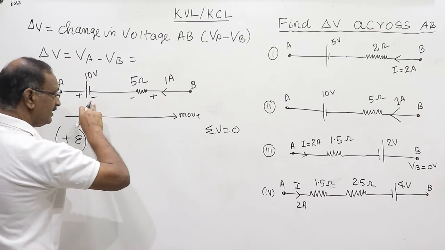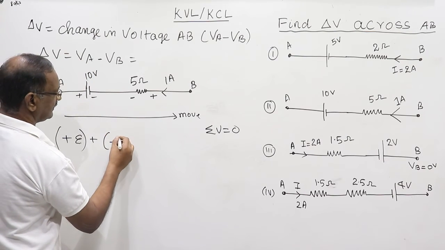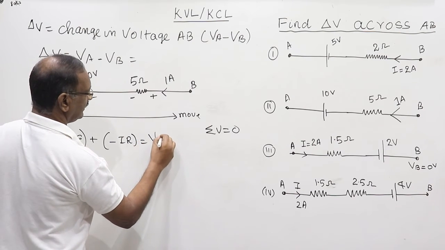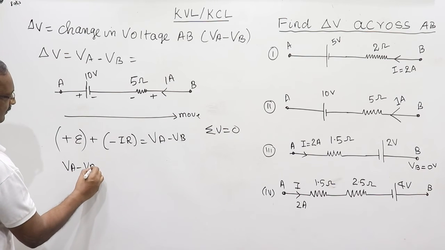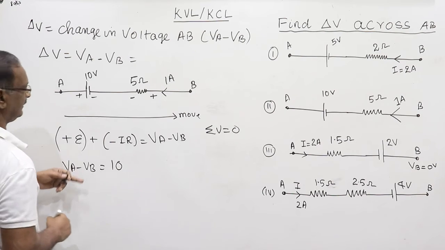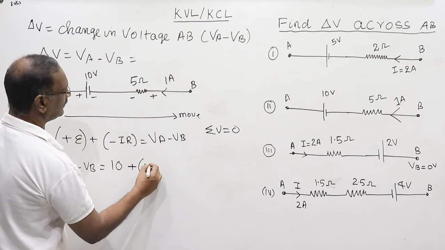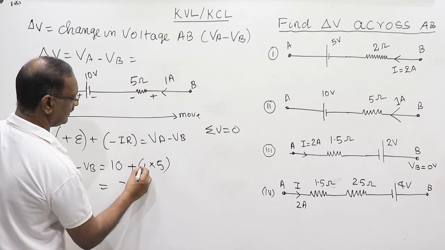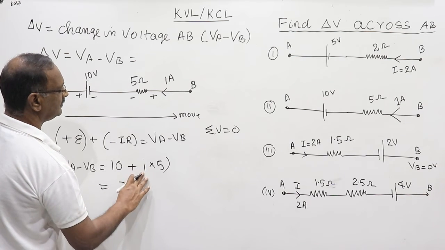And the current is this way, and we are moving this way from negative to positive, that is minus I into R. So VA minus VB is equal to this particular EMF, 10 volt, plus minus I, 1 into 5, this will be negative.